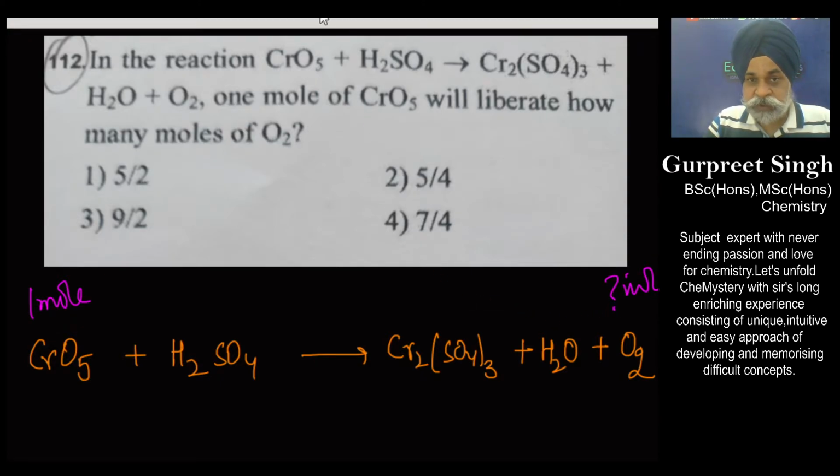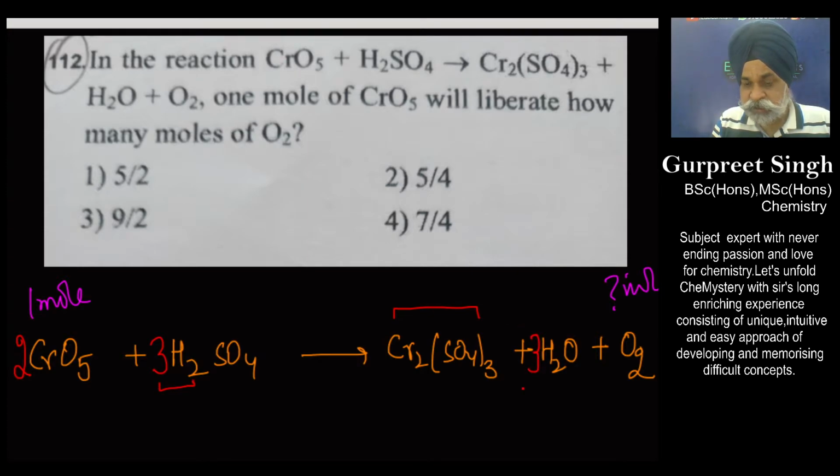Now we can simply do it this way, and then I will discuss it in detail also. You could see that there are two chromium on this side, so I first balance the chromium and then balance the sulfate ions. So I place it here, and 3 sulfate is generated, and thereafter you could also see that the hydrogen here has become 6.